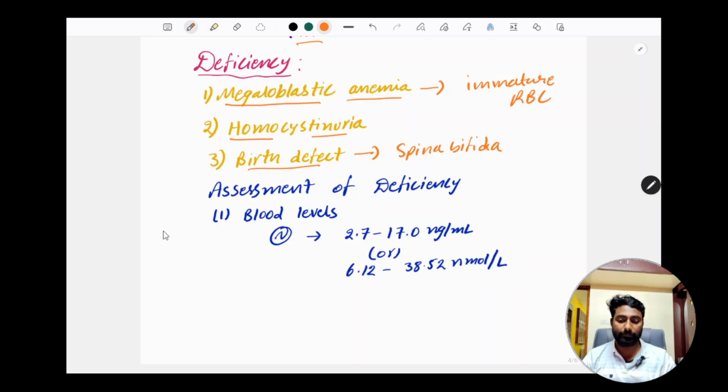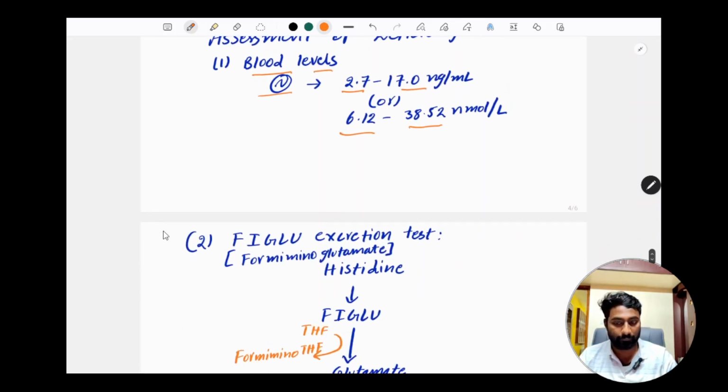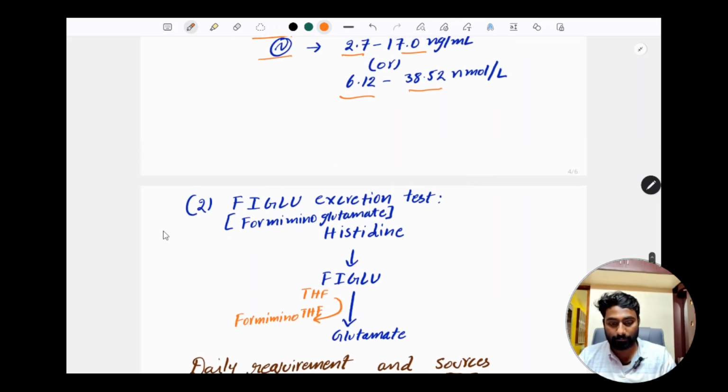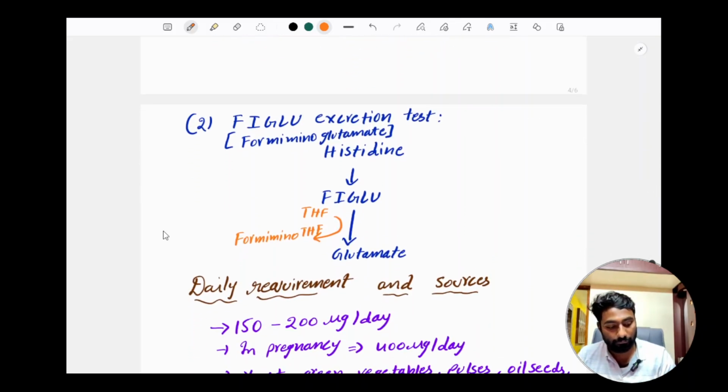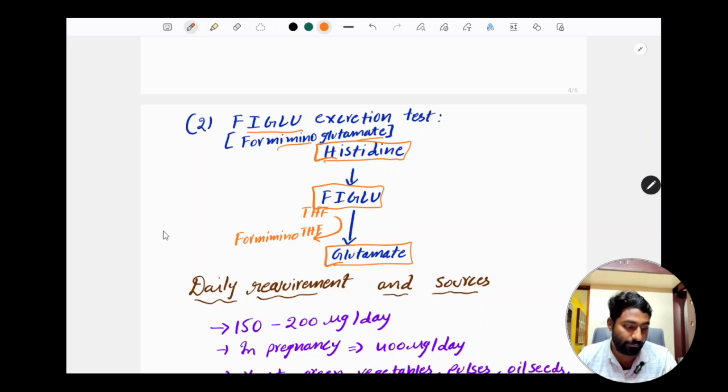Now, how will you assess deficiency, students? Normal blood levels of folic acid are 2.7 to 17.0 nanogram per ml or 6.12 to 38.52 nanomole per liter. You can directly measure in the blood, or else you have FIGLU. What is FIGLU? Formiminoglutamate. Histidine, during its metabolism to glutamate, forms an intermediate compound, FIGLU.